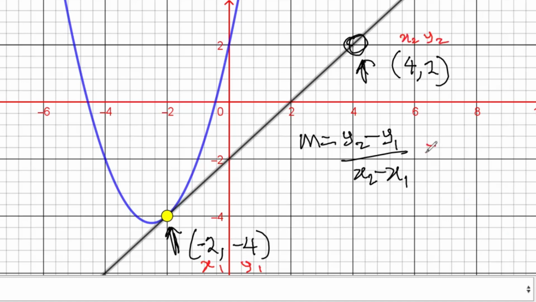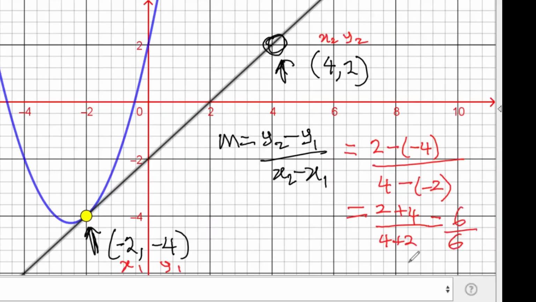So I am going to have 2 minus y1, which is -4, all over 4 minus x1, which is -2. This gives me 2 plus 4 all over 4 plus 2. That gives me 6 over 6, which is 1. So here our slope is 1.